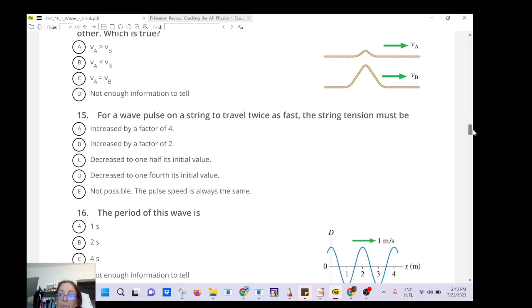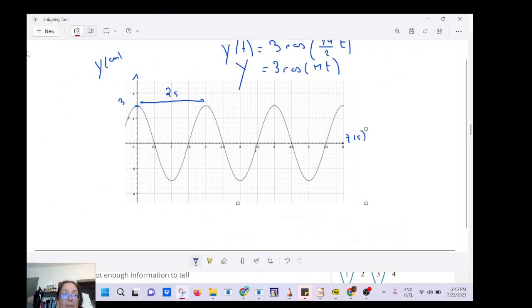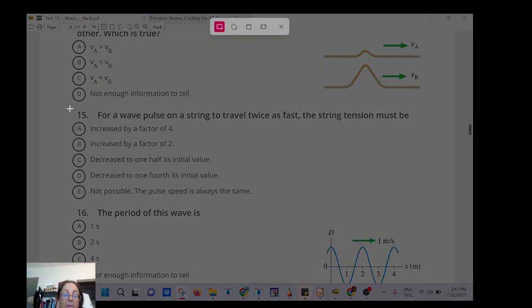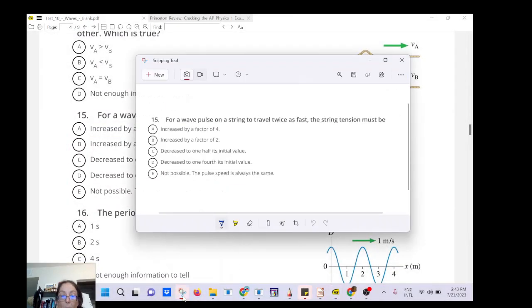Okay, so another question they like, a typical conceptual question. Let's look at this one, number 15. You want the wave pulse to travel twice as fast. So it means you want the speed to be multiplied by 2.